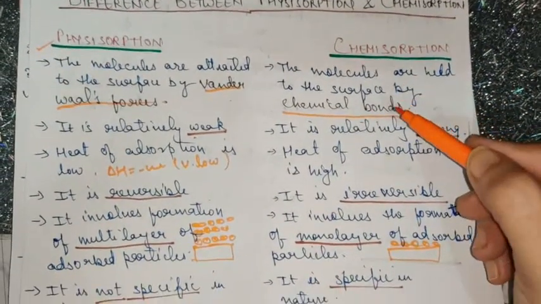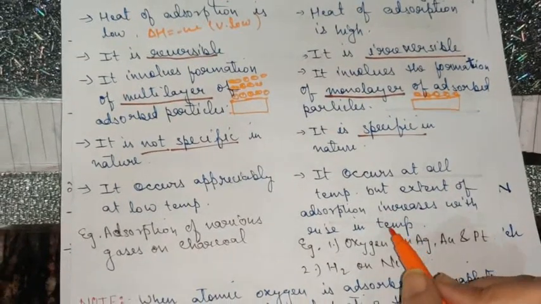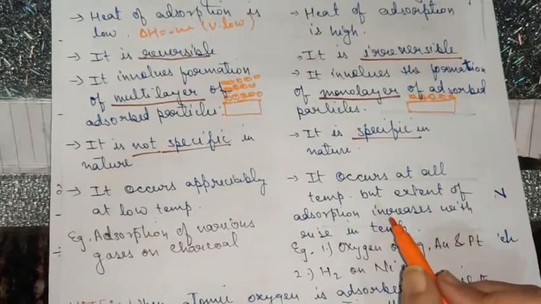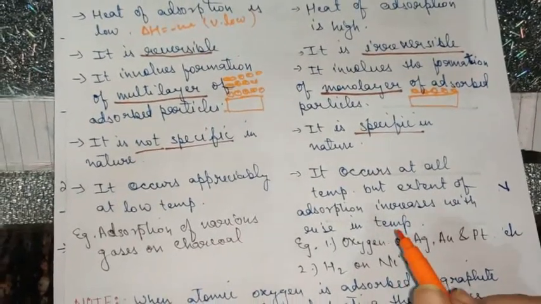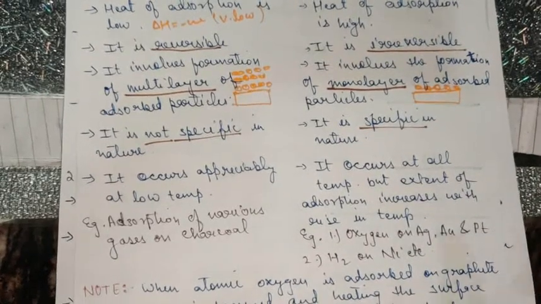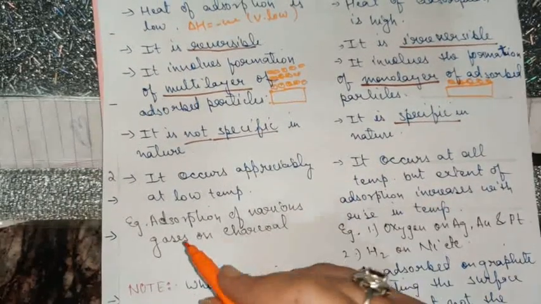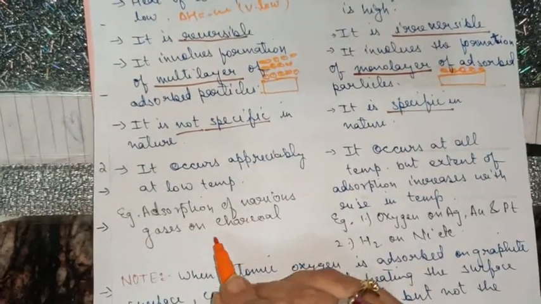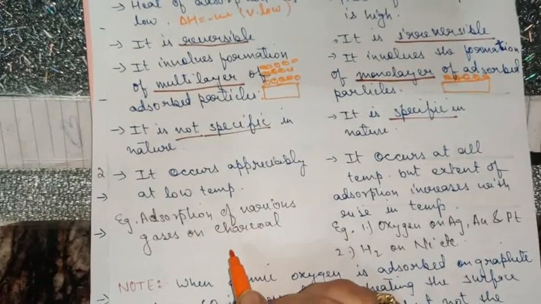So when chemical reaction is occurring, obviously with increase in temperature, the rate of reaction will increase. You can recall here the Arrhenius equation, which related the rate constant or rate of reaction with the temperature. So example is mentioned here, adsorption of various gases on charcoal, which is not specific in nature.